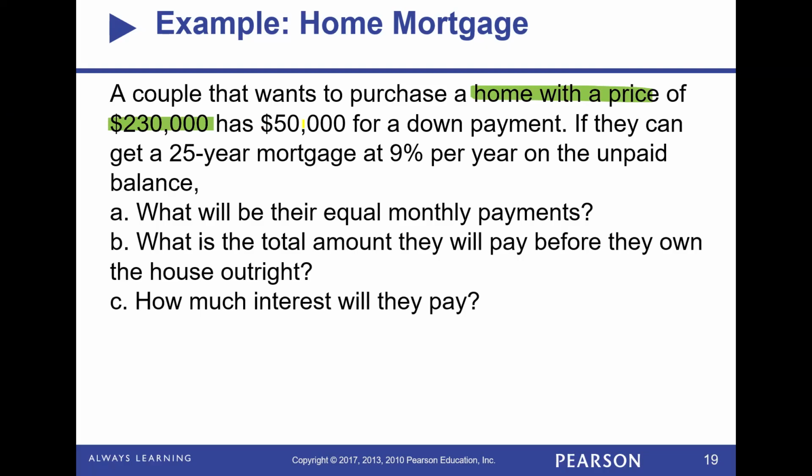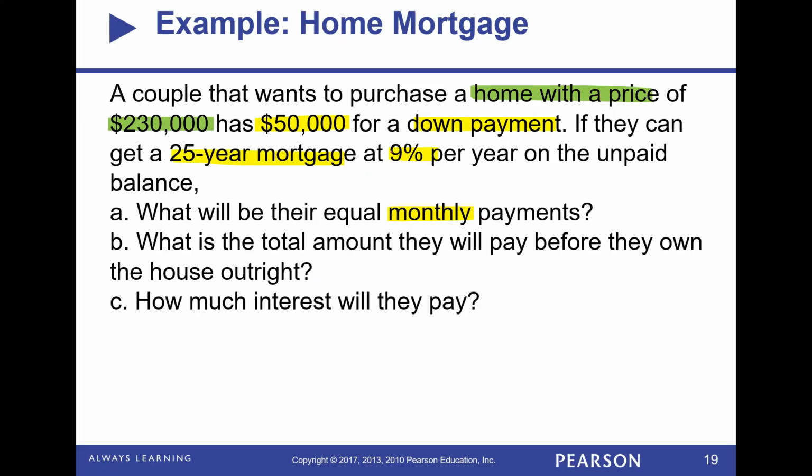We have $50,000 for a down payment. We're going to do a 25-year mortgage at 9%. As they told me here, this is monthly payments, and again, it's not always said that it's compounded. So what will their equal monthly payments be?